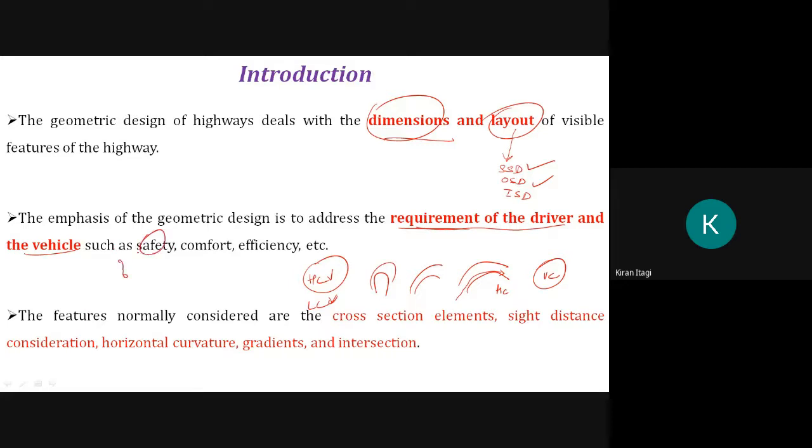Because we need a safe, comfortable, and efficient system. The features normally considered are cross-sectional elements, sight distance consideration, horizontal curvature, gradient, and intersections. All these we will see in the second unit.